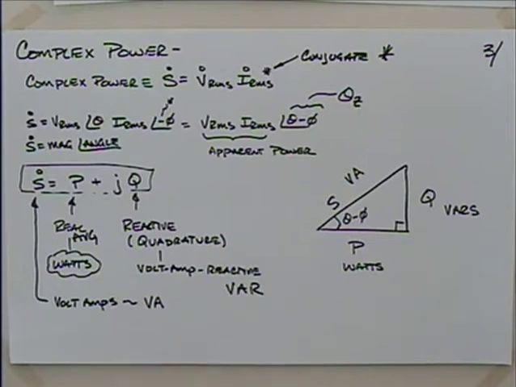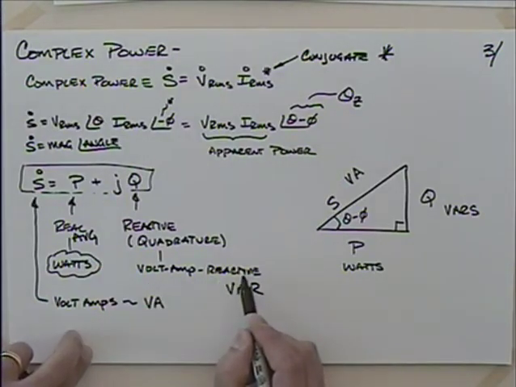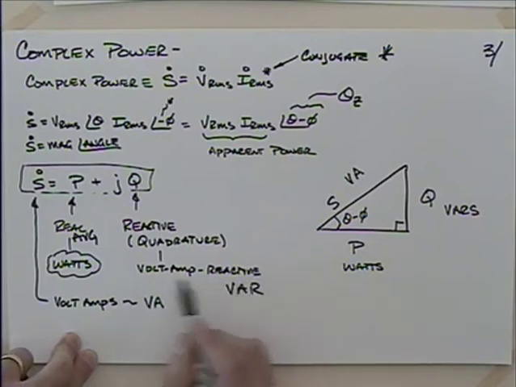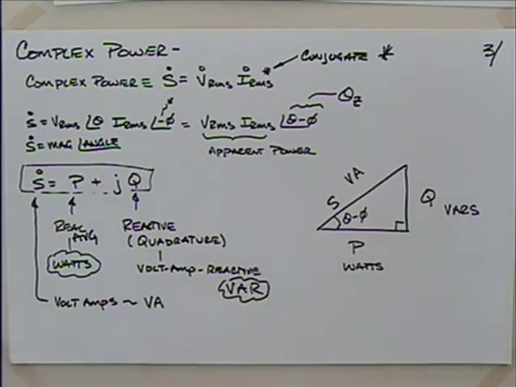So if you see it in a book and they talk about quadrature, that's reactive power. The units on it are volt amps reactive. And people never like to write long things like volt amps reactive, so it's VARs. So if someone's talking about VARs, they are talking about reactive power, the imaginary portion of complex power.